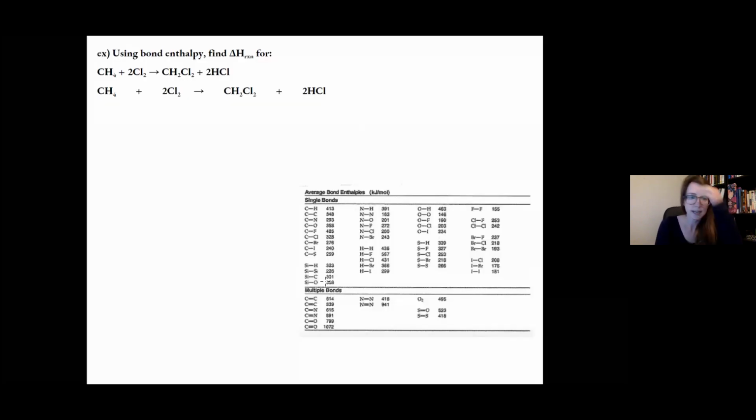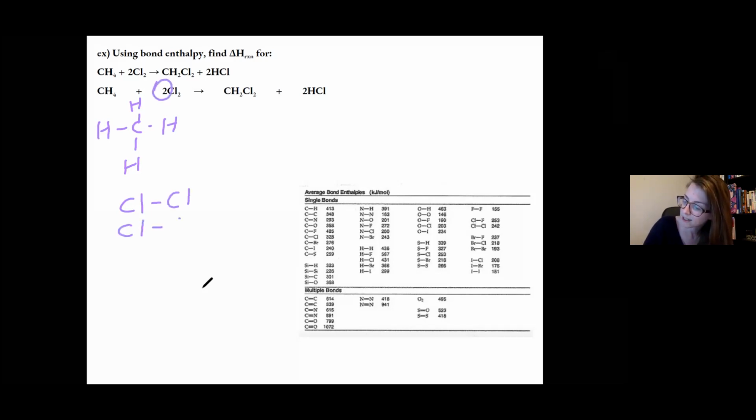Okay, so for this next example, same general steps. I'm going to start by drawing my Lewis structures for everything. CH4. And then I have 2 Cl2s. Cl ends up being bonded to Cl with a single bond. But again, because of the coefficient, I'm going to draw it a second time. If the coefficient were 3, I'd draw it a third time.